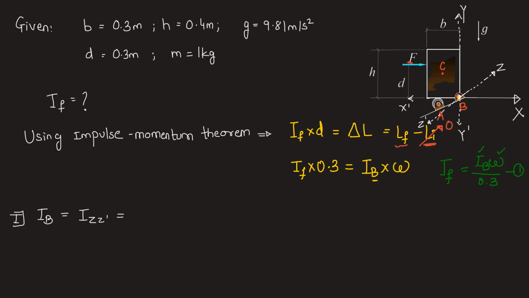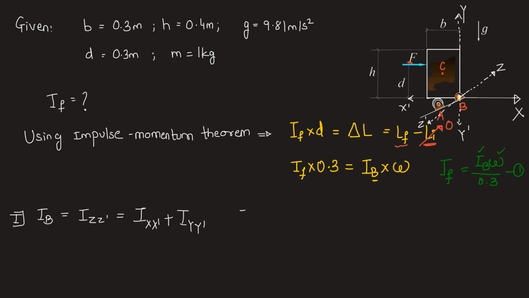We know that moment of inertia about the third axis will be equal to sum of moment of inertia about the two perpendicular axes. So Z is perpendicular to XY plane and therefore IZZ dash will be sum of IXX dash and IYY dash.